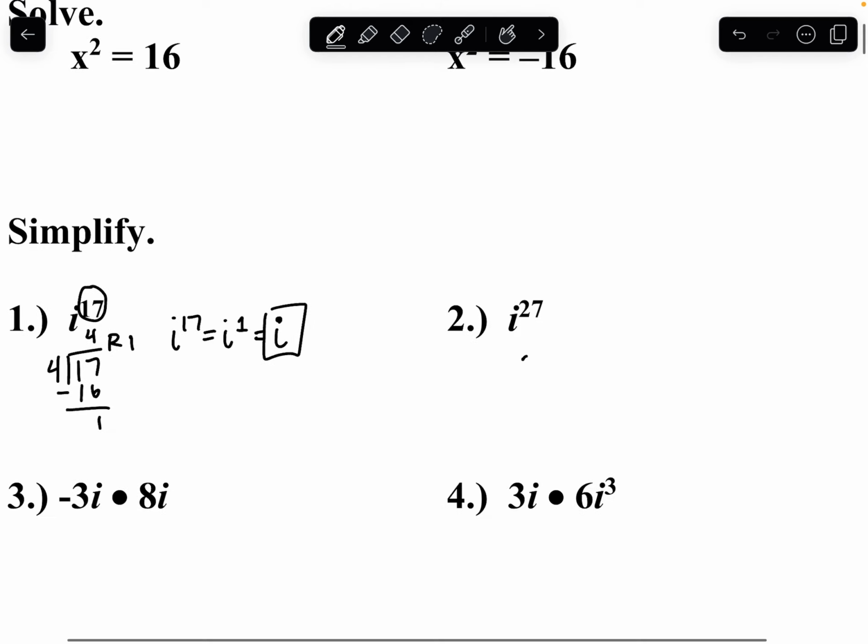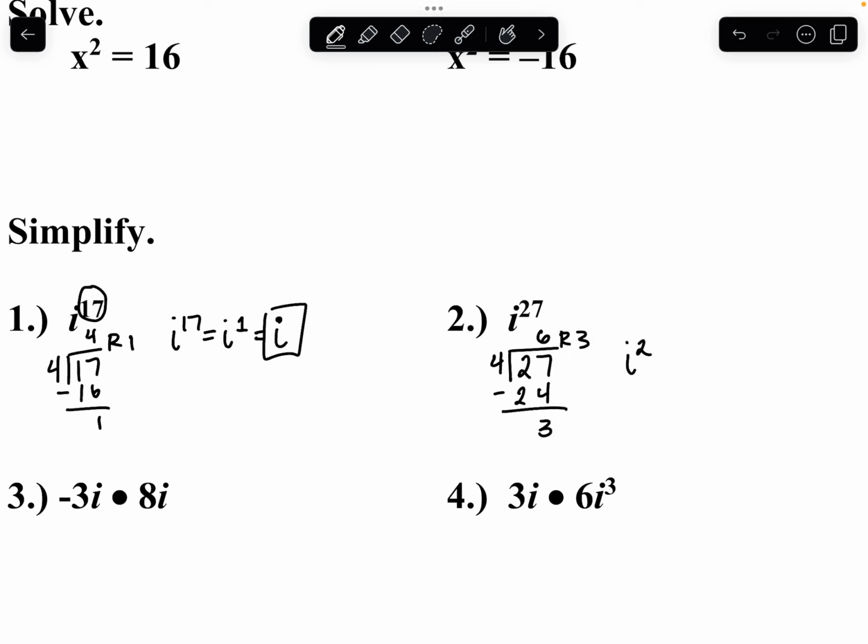For the 27, same thing. Take that 27, divide it by 4, and we know 4 times 6 would get us to 24, but that would leave us with a remainder of 3. So i to the 27th would be equal to whatever i cubed would be. Whatever your remainder is, that's the power of i it is equal to.